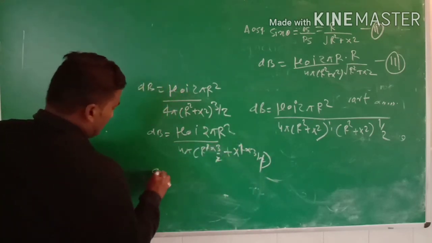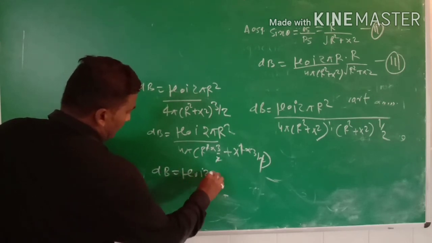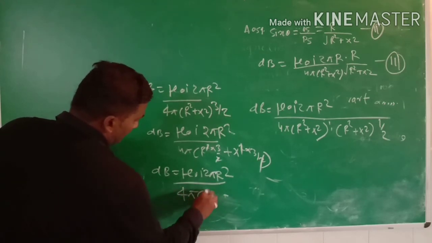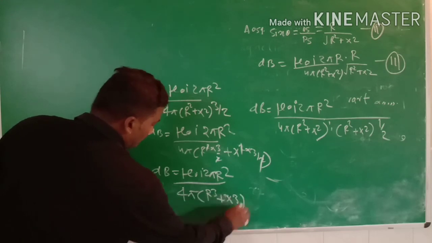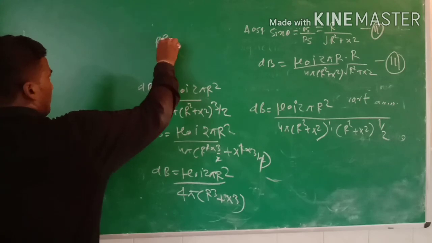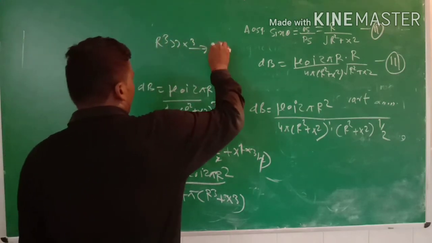Then the value is dB is equal to mu naught I 2 pi r square upon 4 pi (r cube plus x cube). R cube is much greater than x cube. Therefore, x cube will be neglected.